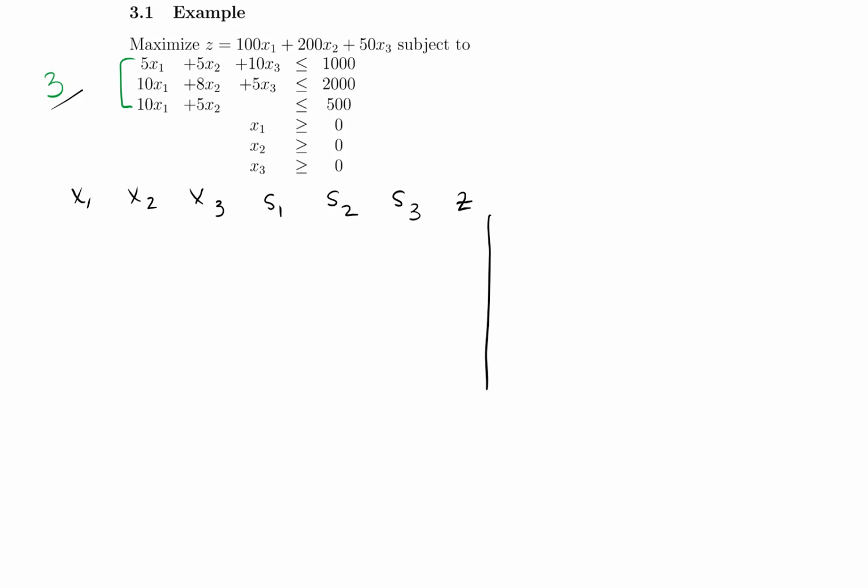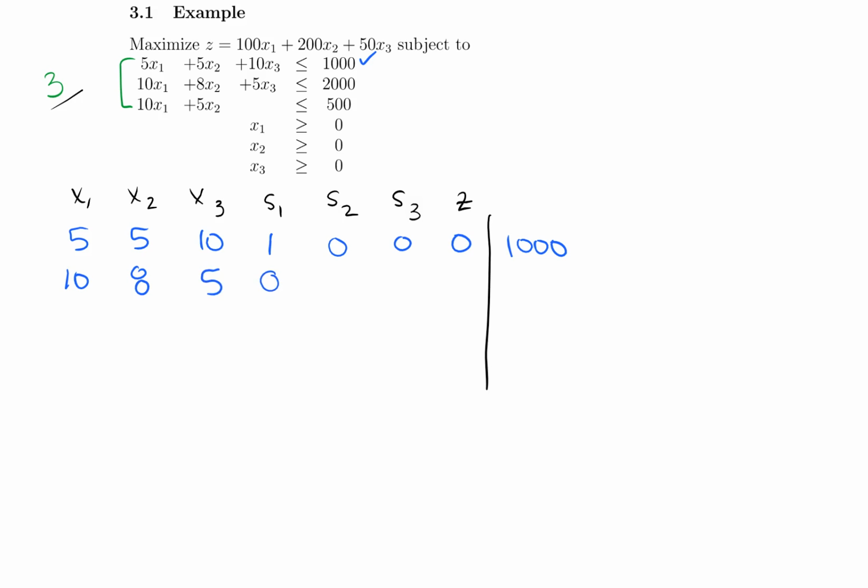So let's go ahead and fill in the information for the 3 constraints. So we have 5, 5, 10. Since I'm in the first equation, slack 1 should be 1, and then slack 2, slack 3, and z should be 0, and our constant is 1000. Now we're on the second inequality, which we're writing as an equation with the slack variable. So we will have 10, 8, 5.